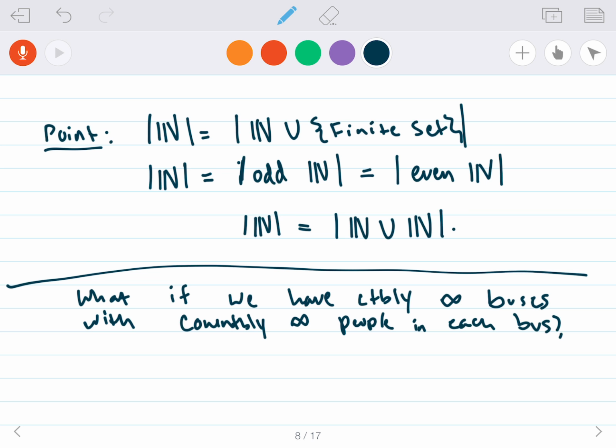Can we accommodate them in Hilbert's hotel that is now completely full? Someone's in room 1, 2, 3, 4, etc., starting from the beginning. Can we accommodate countably infinitely many buses with countably many people? And the answer, weirdly enough, is yes.